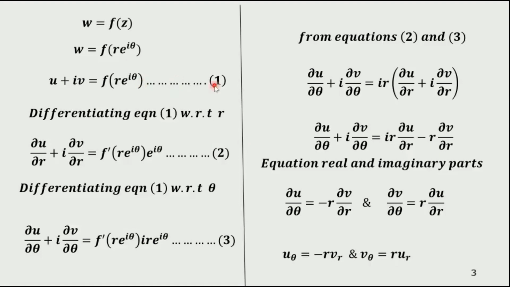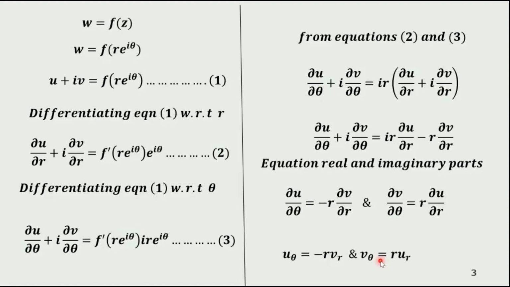What we are doing is differentiating equation 1 with respect to R and with respect to theta, and substituting equation 2 in equation 3, getting this equation, and then equating real and imaginary parts, we get the CR equations. They may not ask the proof in the exam, but just remember it, it's not a big one. We can easily solve it also.